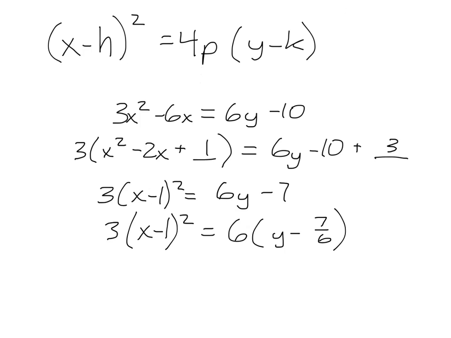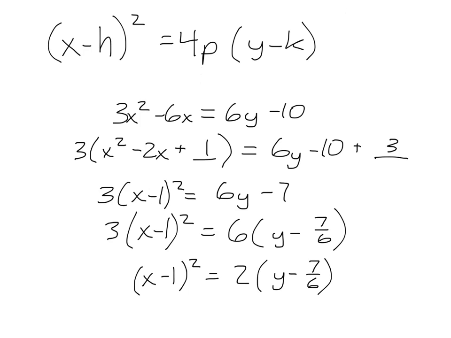So now, the only thing in this equation that is different from this one is this 3 out here. To get rid of that, we're just going to divide both sides by 3. We'll have (x minus 1) squared equals 6 over 3, which is 2, times (y minus 7/6).